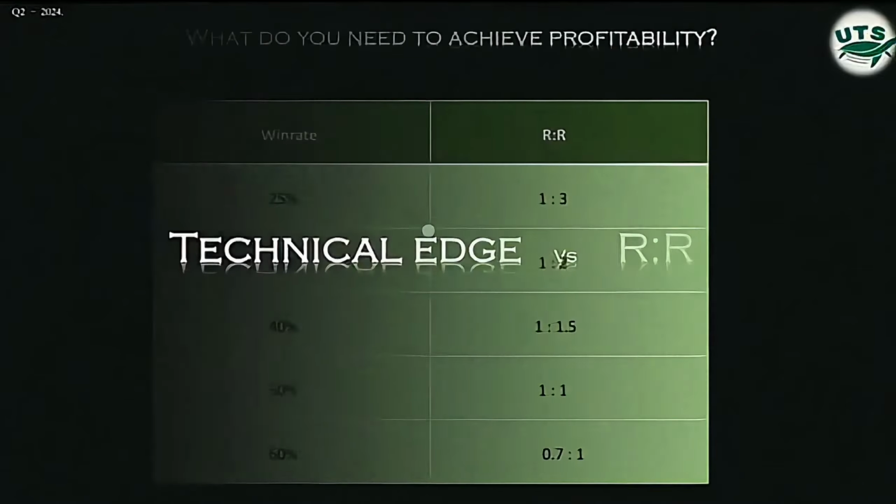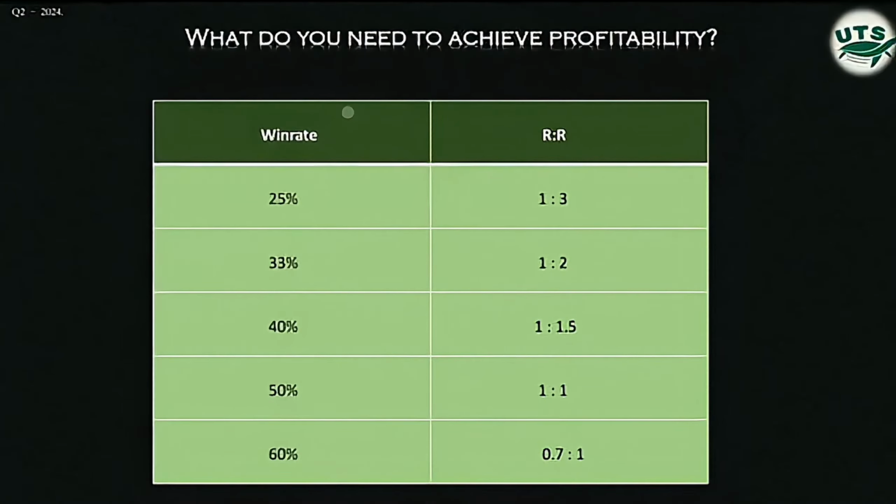Here's why. If you have a technical edge that produces a win rate of 25%, you only need 1 to 3 risk to reward to make money, right? Which means if you're wrong 8 out of 10 times, almost, you can make money, assuming you risk $1 in return of a $3 gain.